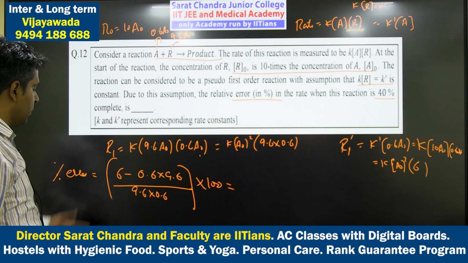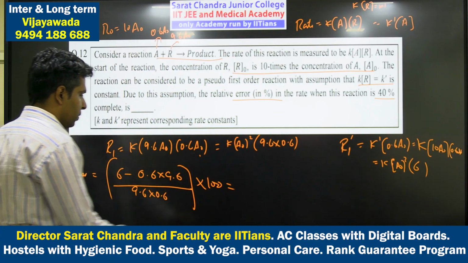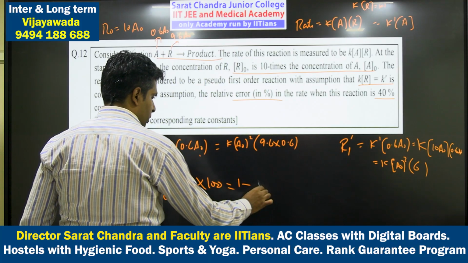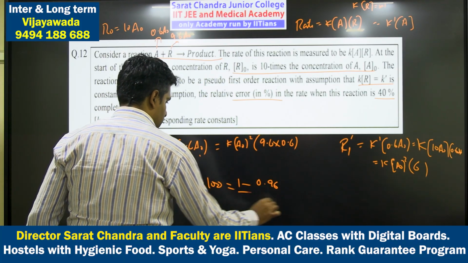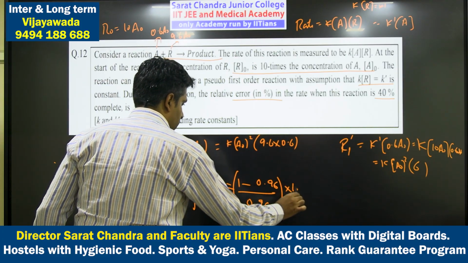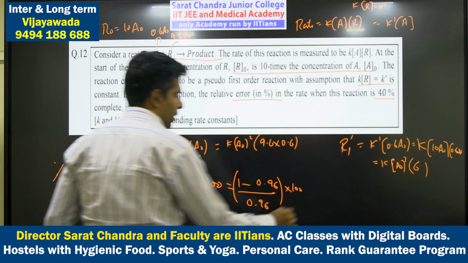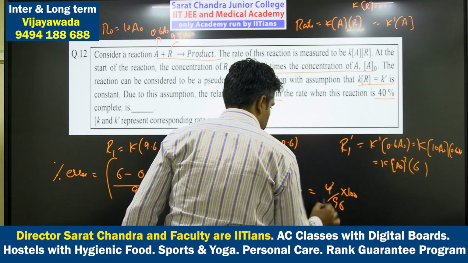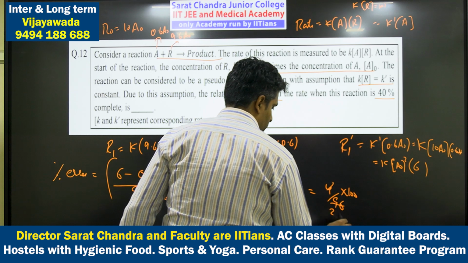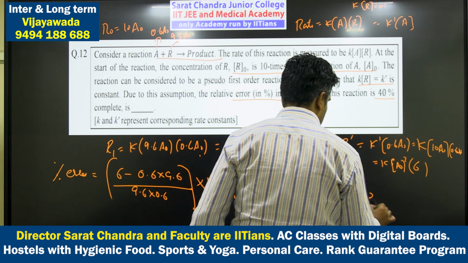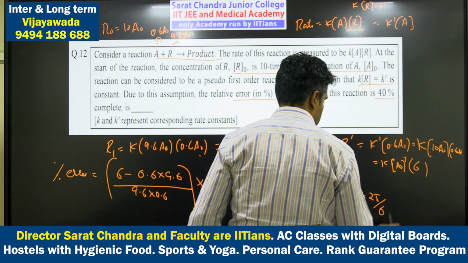Dividing both numerator and denominator by 6, you will get 1 minus 0.96 upon 0.96 into 100. So 0.04 by 0.96, that can be 4 by 96 into 100. So this will be 100 by 24, or 50 by 12, or 25 by 6.